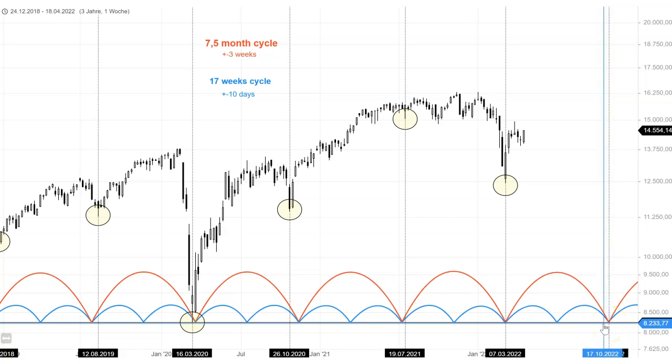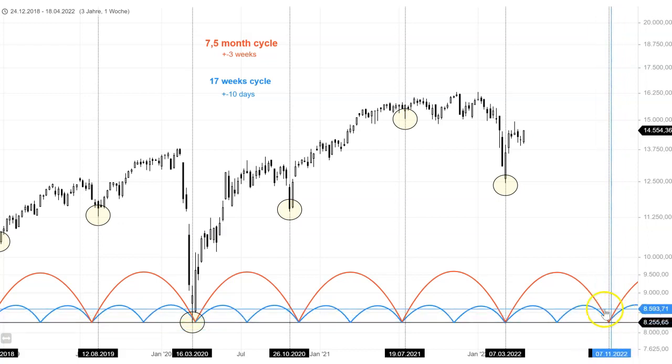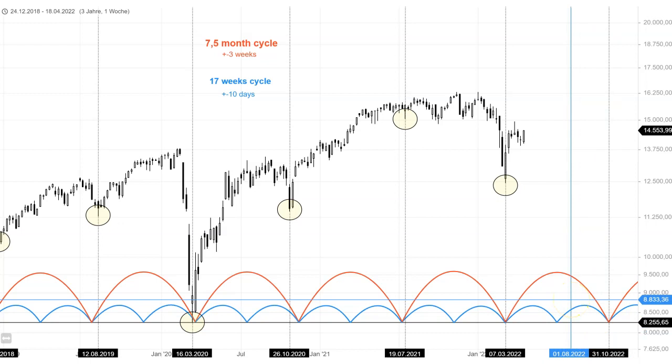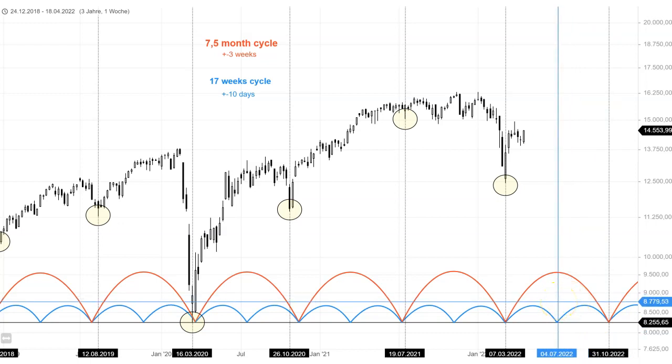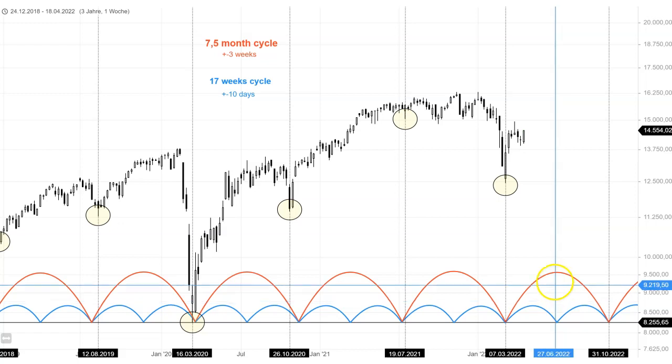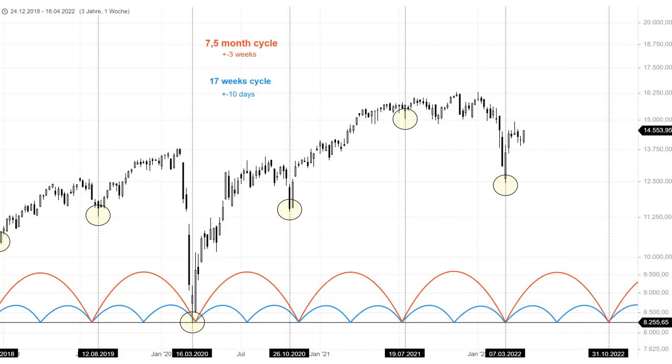So that might be mid-October or mid-November. Just consider these plus or minus 3 weeks, and there might also be a little drawdown into summer, somewhere in July. And I think when we have a look at the daily now, that gives us also an idea about July, if I'm right. So let's hop into that daily chart.